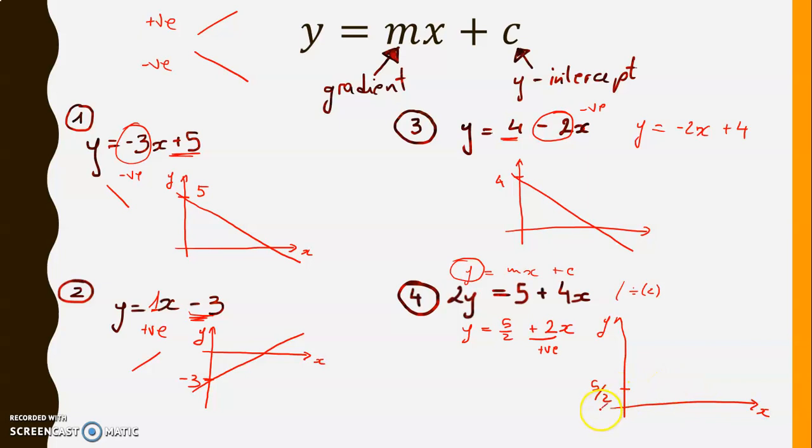And it has a positive gradient, therefore it's going to go upwards like that. So this is the sketch. If you want, you can also find the points where the graphs intersect the x-axis. Remember, to do so, you simply have to take y equals 0 to find these points of intersection, but it's not really necessary. That's enough like that.